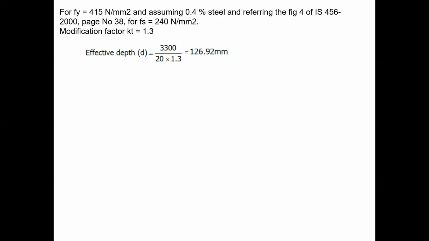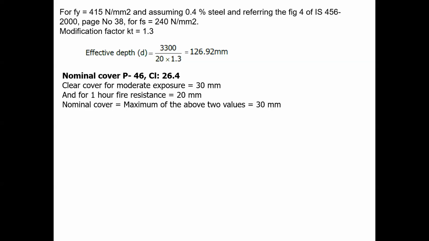Okay. So just calculate how much you will get. Are you getting 126.92? Yes, sir. Okay. So next, nominal cover as per clause 26.4, page number 46. Even this I have discussed with you in the design of beams, right? Moderate exposure and 1 hour fire resistance. This type of problem we have solved, isn't it?